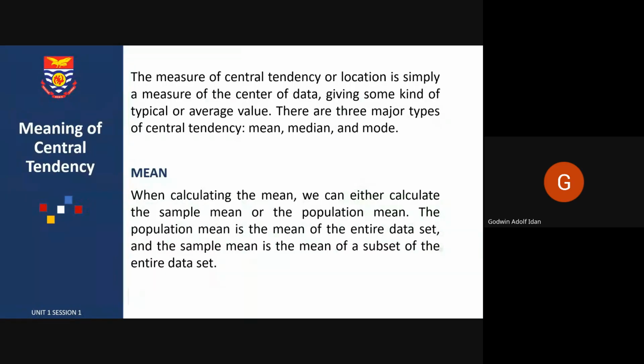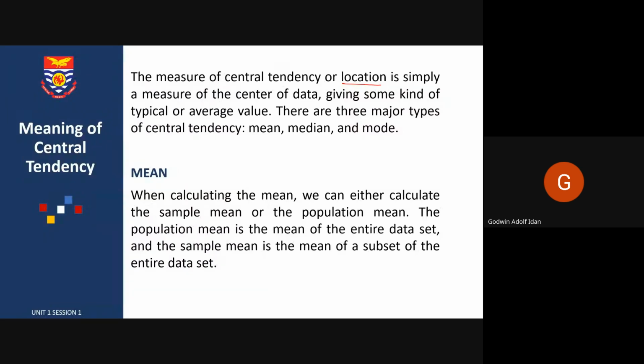So let's look at the measure of central tendency. It is just looking at the center, or the central location of the data distribution. For example, when we have a given set of data, how do we know the average of that particular data set?